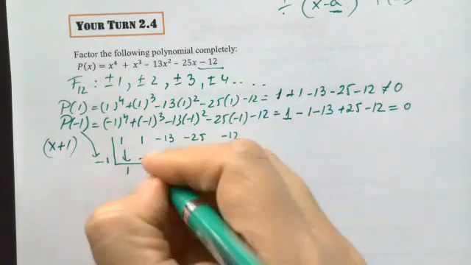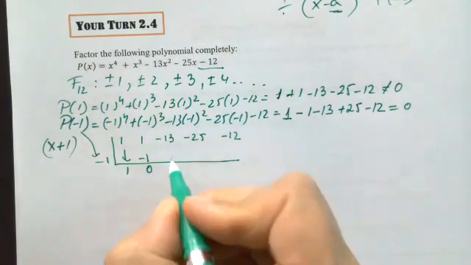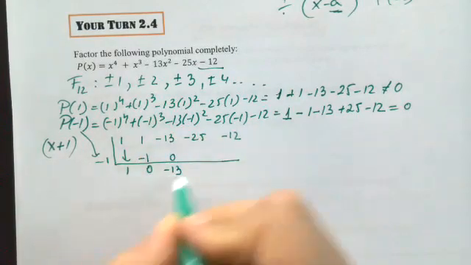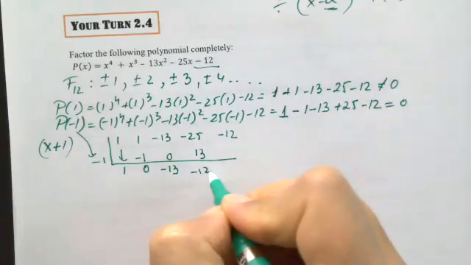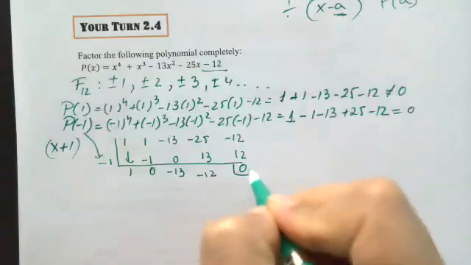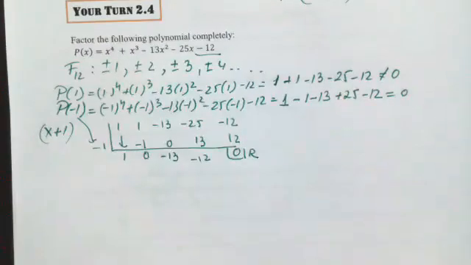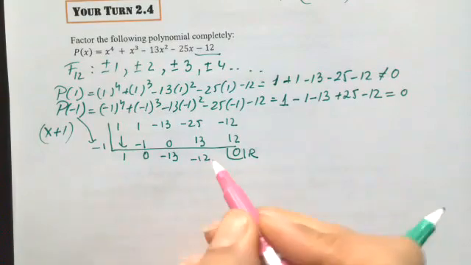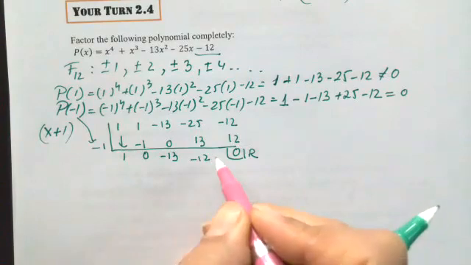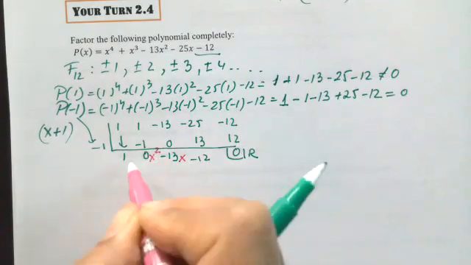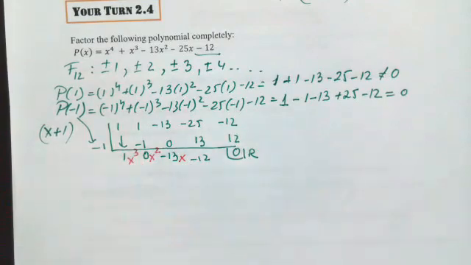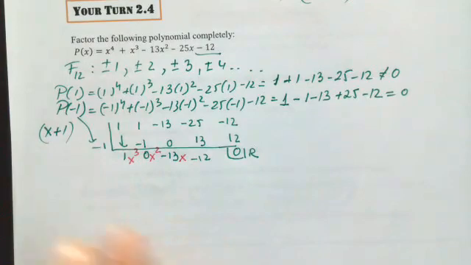-1 times 1 is -1, 0, 0, -13, 13, -12, 12, 0. So this is no x, that's x to the 1, that's x squared, that's x cubed. Now, if you want, you can write so far.